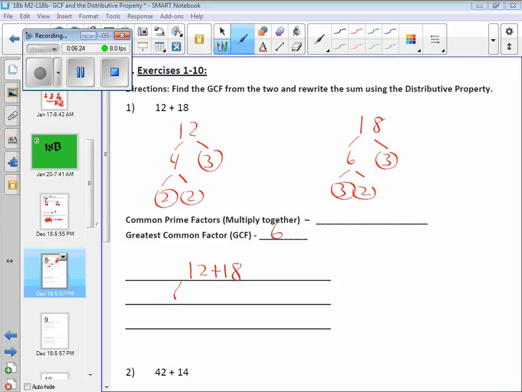That comes out on the second line. Okay, 6 times what makes 12? Joe? Yes. Giuseppe, 6 times what makes 18?